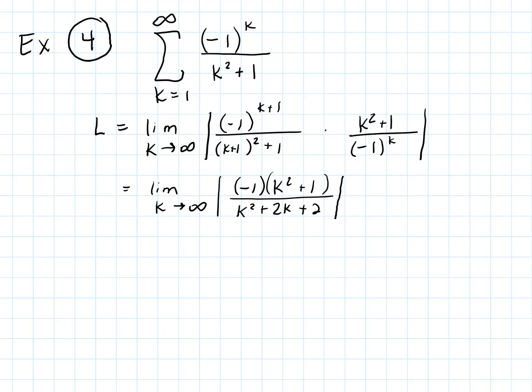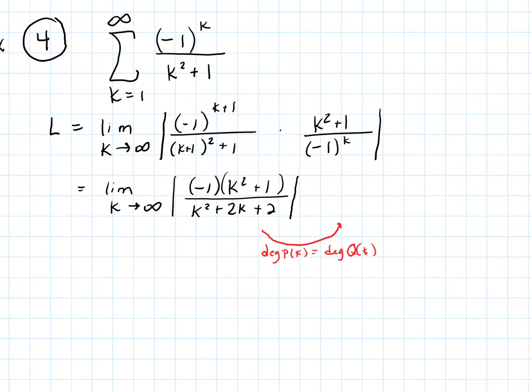Notice right here we've got the same degrees. We have two polynomials, and the degree of p of k is equal to the degree of q of k. Therefore it'll just be the ratio of the coefficients. So we're going to have the absolute value of negative 1 over 1, which is equal to 1.